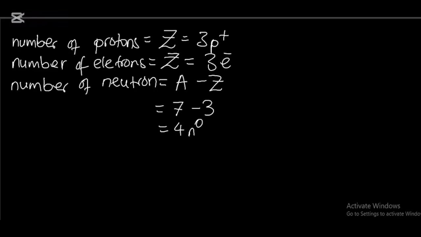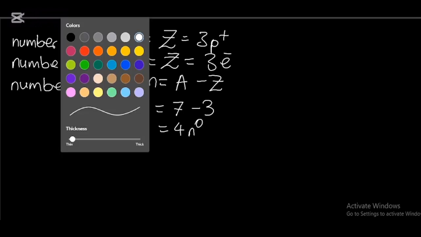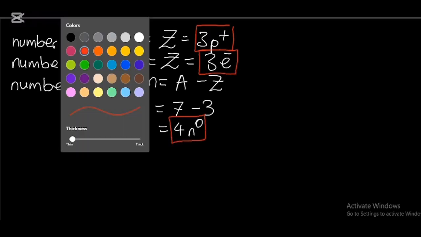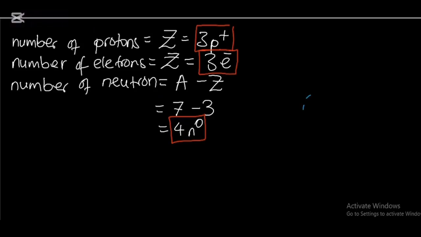So now I want you to check something. We have 3 protons, 3 electrons, and 4 neutrons. So we are going to go ahead and draw our atomic structure. I'll draw the nucleus. Remember, the nucleus has only what? Neutrons and protons. I'm going to use plus to represent protons and 0 to represent neutrons.